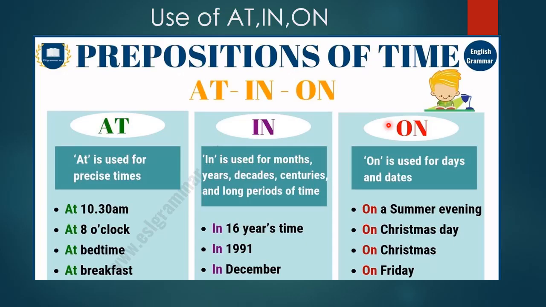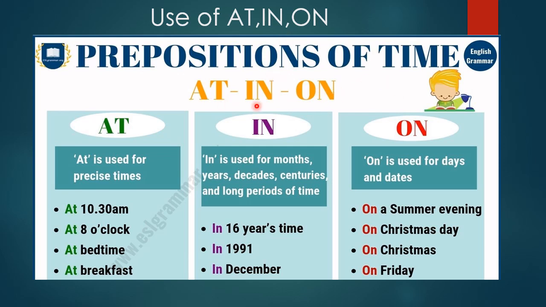The first is the use of at, in, on. All these three, at, in, on, are preposition words, and this is the preposition of time. As you can read clearly from the chart, prepositions of time.